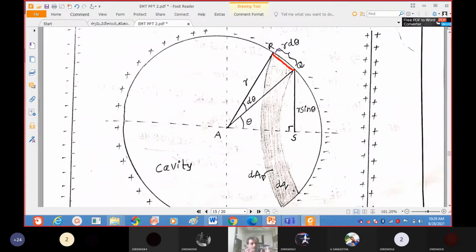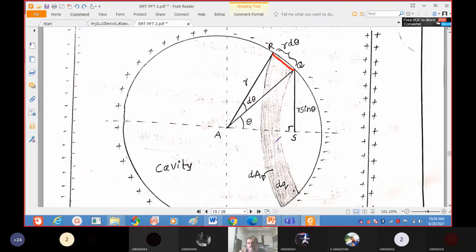Now, considering a small area, we can consider it like a ring, along two dimensions. That means the area will be like this on one side, and on the other side also like this. That is the total area. Understood?